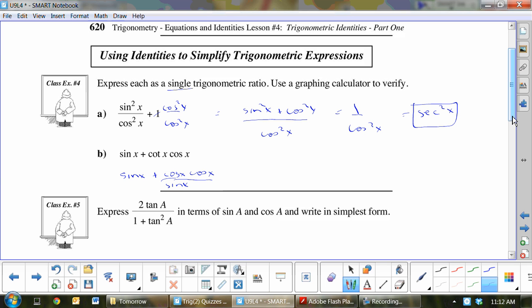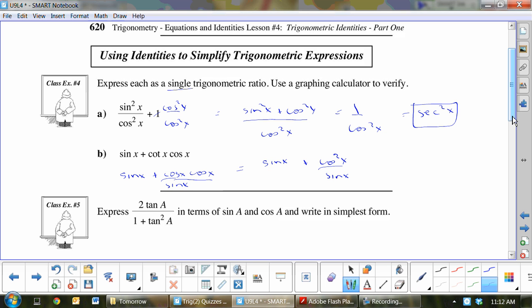Now sometimes it looks worse before it gets better. So you made it more complex now, which is not a great goal. You want to make it simpler. But this will equal sine x plus cos squared x over sine x. Right, I just took my coses and multiplied them by each other.